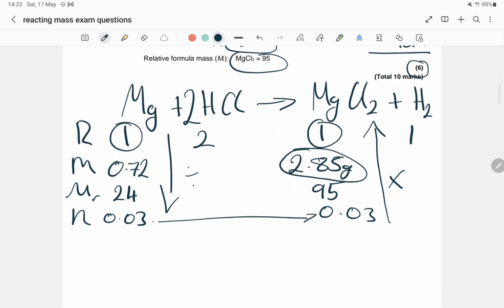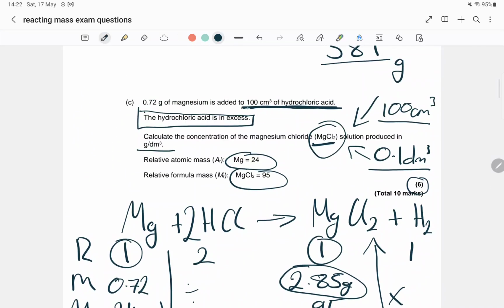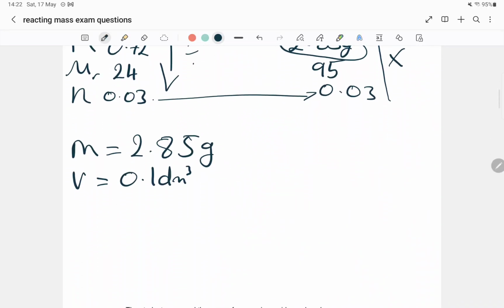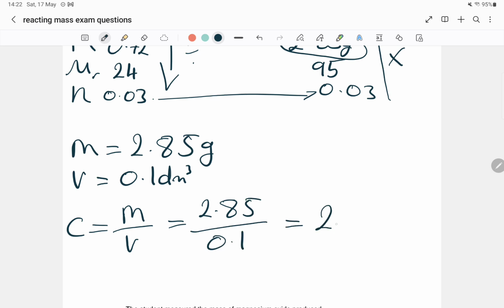I've got my mass, so I've got my mass to equal 2.85 grams, my volume to be 0.1 decimeter cubed, going back up to this part of the question. So for me to calculate concentration is the same as doing mass divided by volume. So 2.85 grams divided by 0.1 decimeter cubed gives me a final answer of 28.5 grams per decimeter cubed.